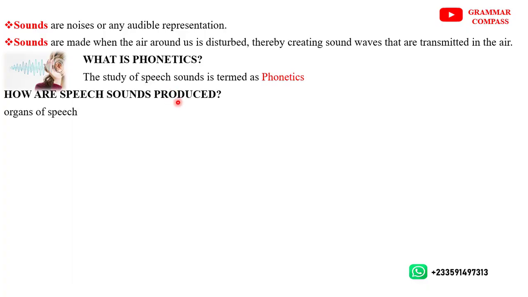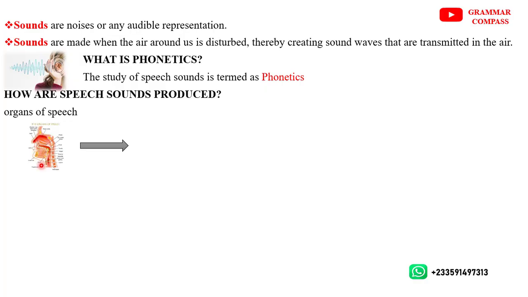Before you can produce a speech sound, you need an organ of speech. These organs of speech will help you to articulate the speech sounds. That is the first thing that you need in order to produce a speech sound. We will talk about these organs of speech in our subsequent lessons.